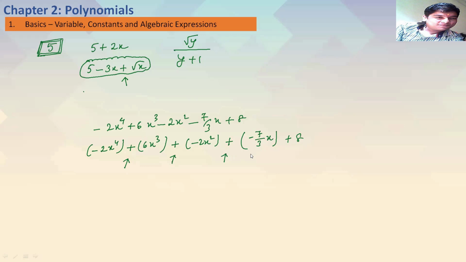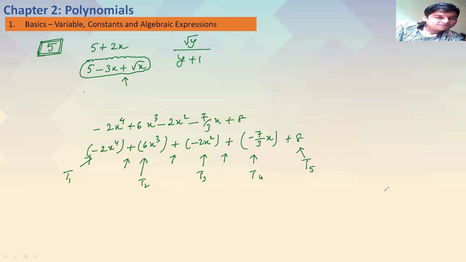These simple units, these entities, are called terms. This is term 1, term 2, term 3, term 4, and term 5. Are you getting it? Fantastic.